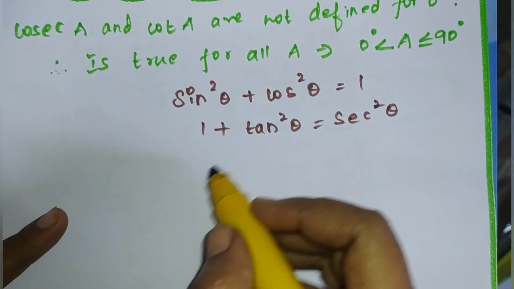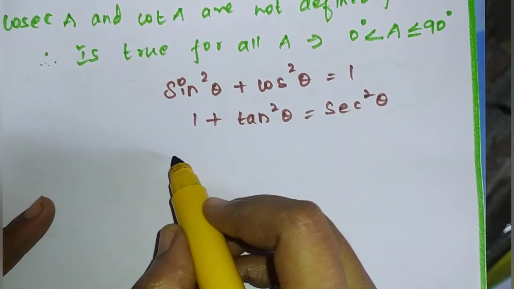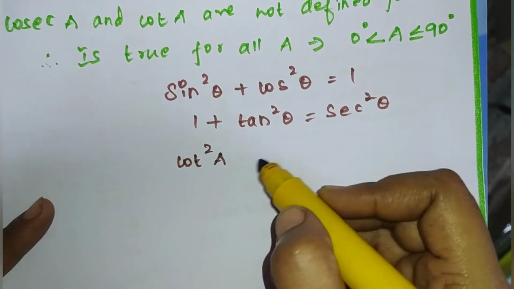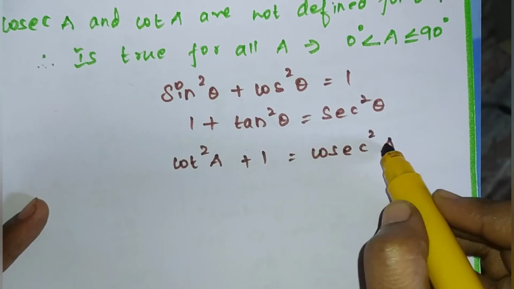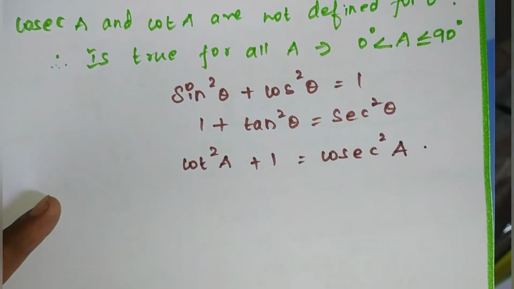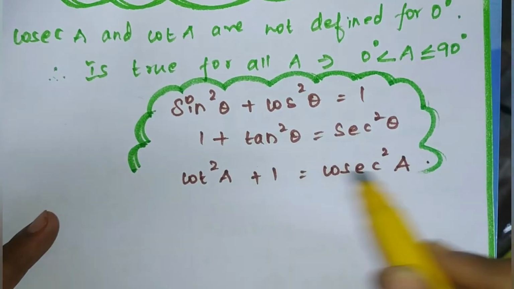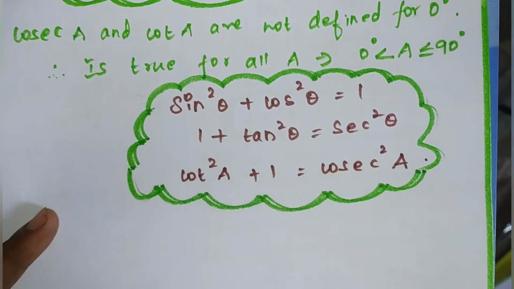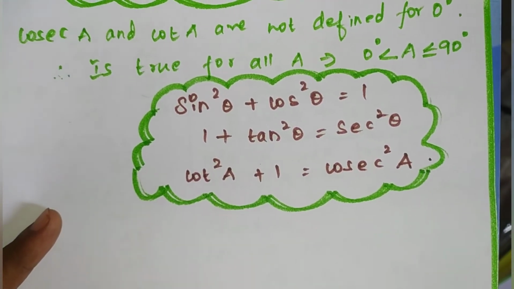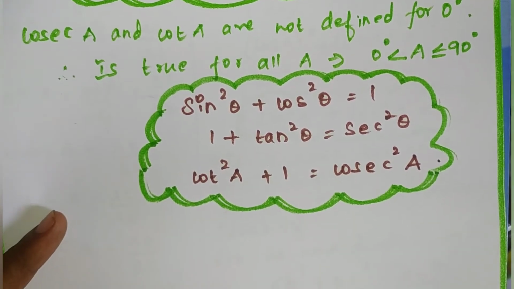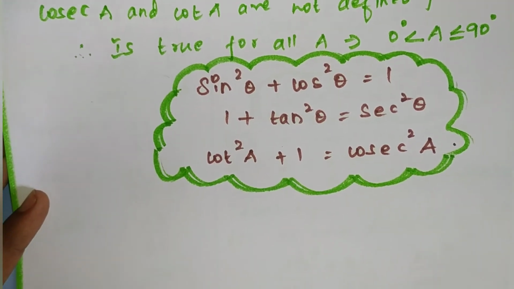Next, third trigonometric identity is cot square A plus 1 is equal to cosecant square A. The very important three trigonometric identities we derived. Based on these three identities only we are going to see exercise 8.4 and prove all the problems.